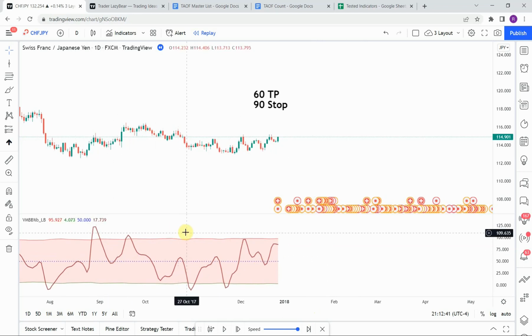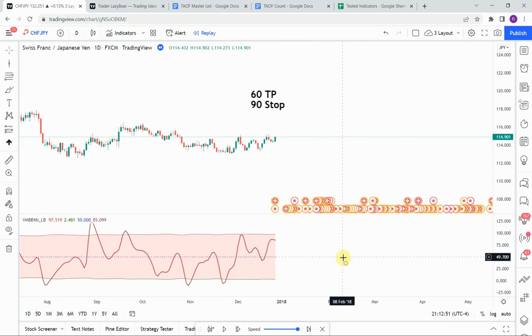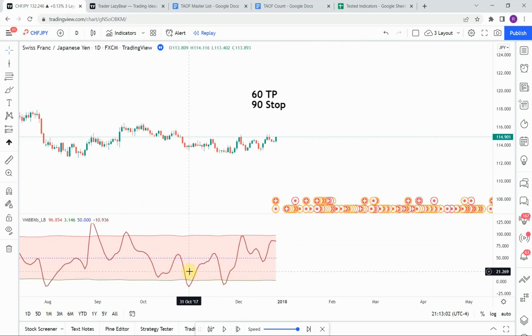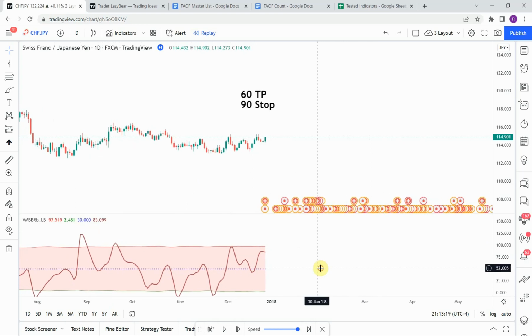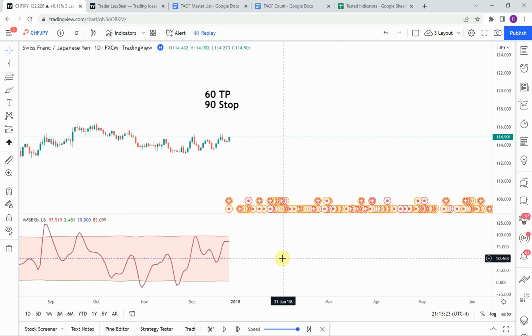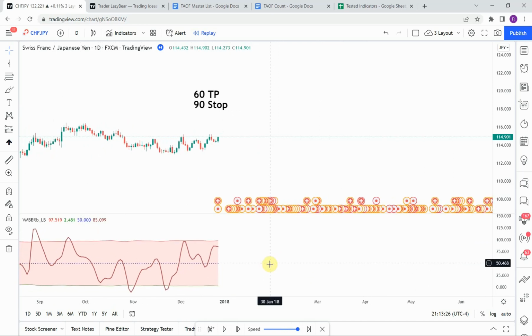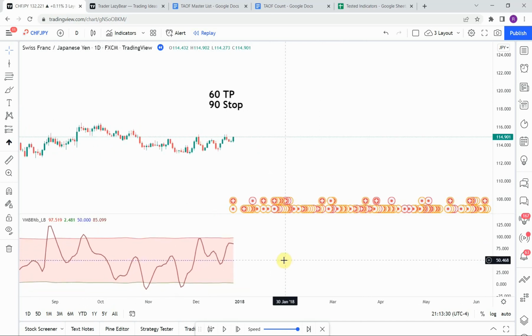And so we will look at anything above the top band here, this top red line, as being in overbought type territory, and anything below the lower band, the green line right here, we will be looking at price being in oversold type territory. And then what we're going to do is look for the reversal of the oscillating line and look for it to drop back down into the center or the kind of middle zone here of the indicator. And so again, very similar to how we've tested the RSI and a few other indicators as well. So relatively simple setup. We've done this before. So let's go ahead and get on with the testing and see what we can get out of this.